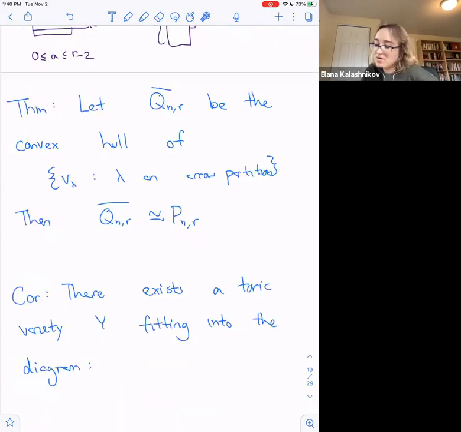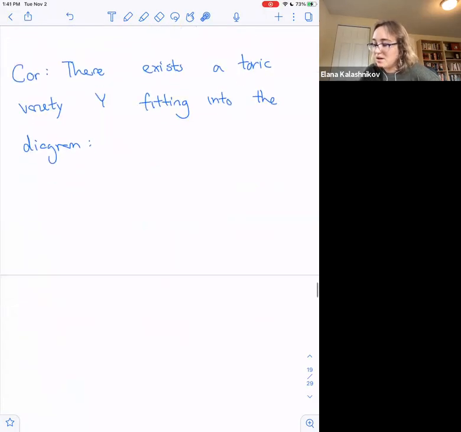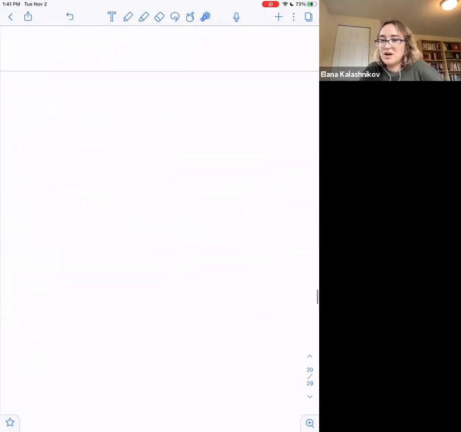So the picture is part of a corollary, which says that there exists a toric variety Y fitting into the following diagram. And now I will draw that diagram for you. What are all the ingredients we have so far? We've got X_{P_{n,r}}, and we've got X_{Q_{n,r}}, which is its primitive dual.